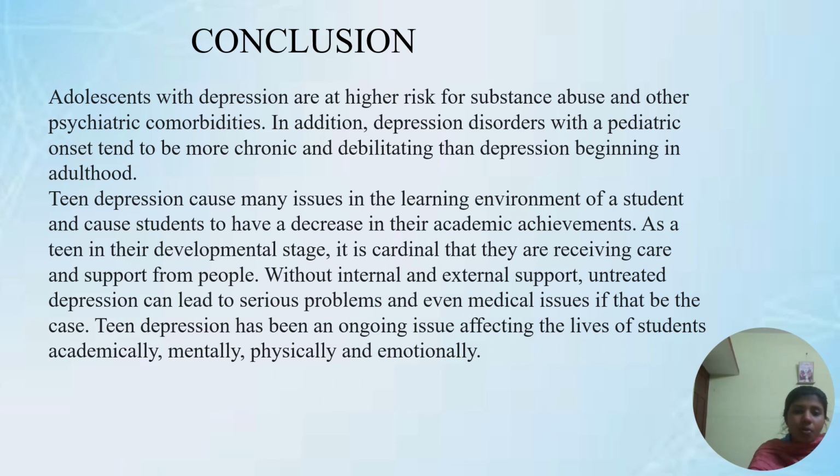While discussing all this, we have seen how depression destroys a person's life, a family, and in turn a society. So, adolescents with depression are at higher risk for substance abuse and other psychiatric comorbidities. In addition, depression disorders with a pediatric onset tend to be more chronic and debilitating than depression beginning in adulthood.